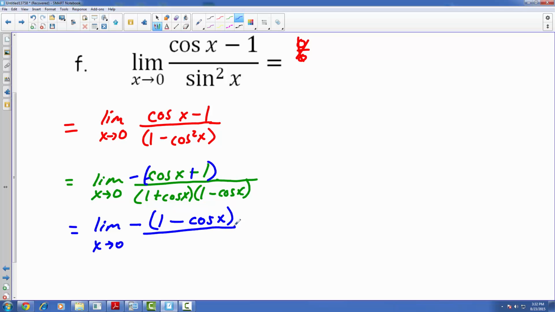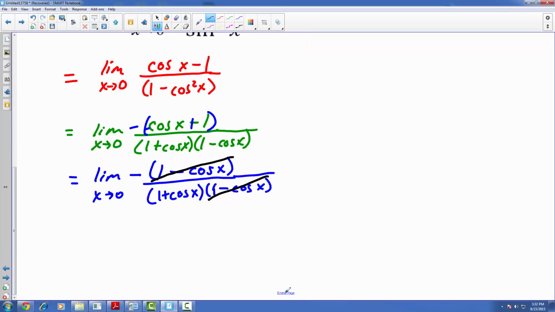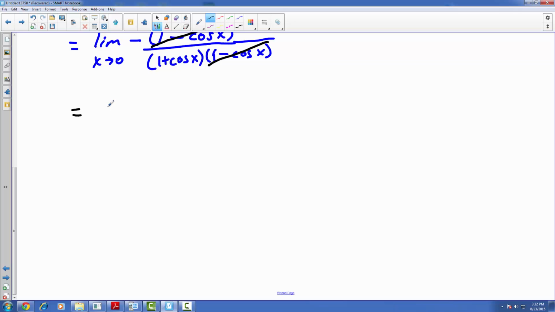And on the bottom, we have that 1 plus cosine of x times 1 minus cosine of x. And now they can cancel out with one another. So then we end up with the limit as x approaches 0 of the only thing that's left on top, that negative 1. On the bottom we have this 1 plus cosine of x.